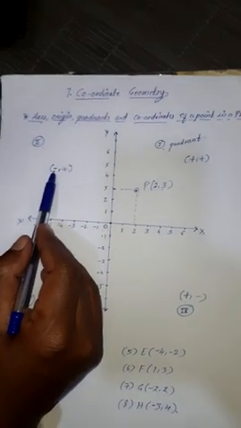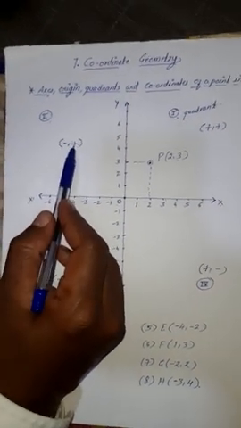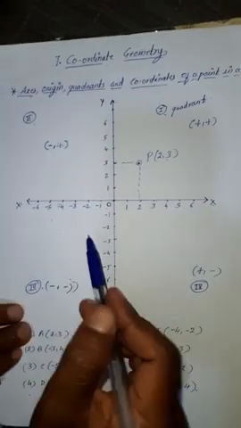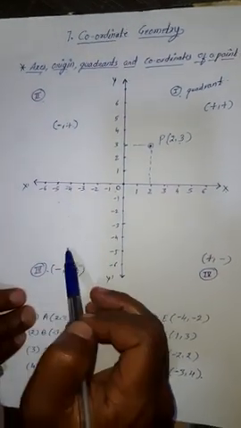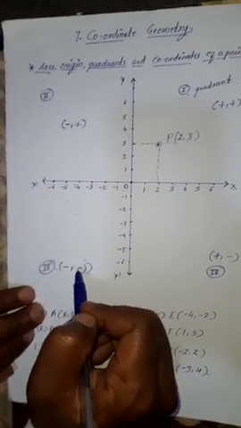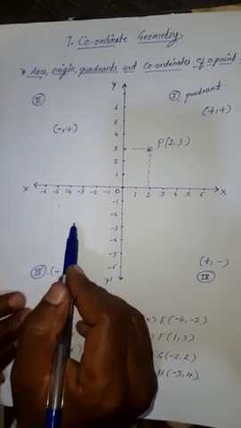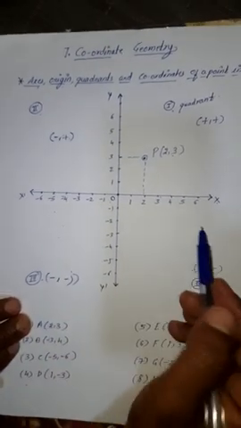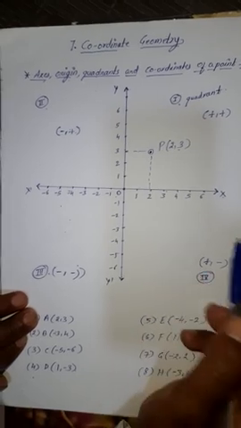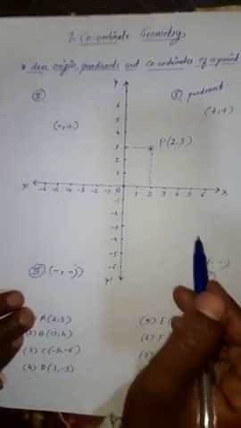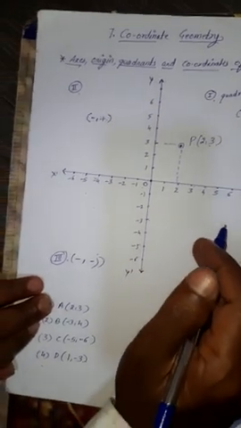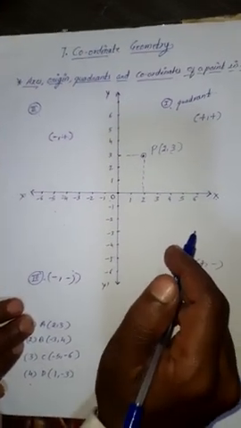In the second, x is negative and y is positive. In the third quadrant, x and y both are negative, so when the x and y coordinates are negative, the point comes in the third quadrant.